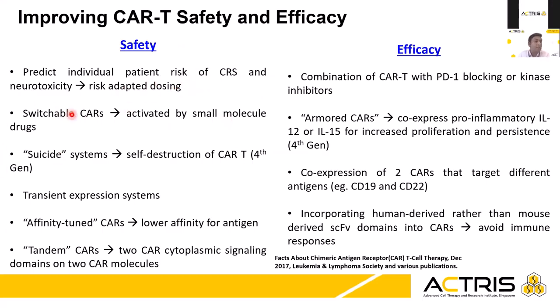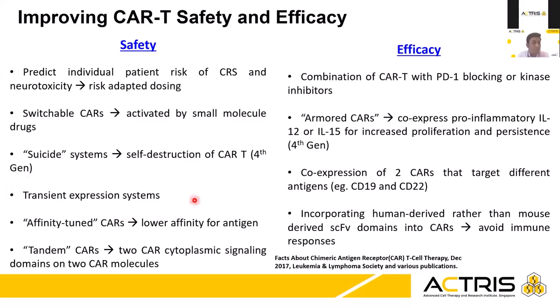Having switchable CARs, which is one example that I will highlight in the next few slides, would again be desirable, because that will enable us to control its therapeutic effect as well as its side effects. Suicide systems, where CAR T cells can self-destruct after they have exerted their desired effect, minimize other side effects. For example, in CD19 CAR T cells, we see prolonged B cell aplasia, right?